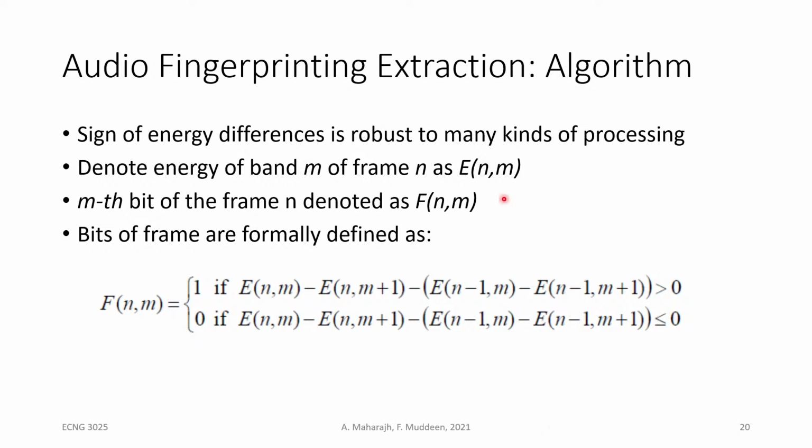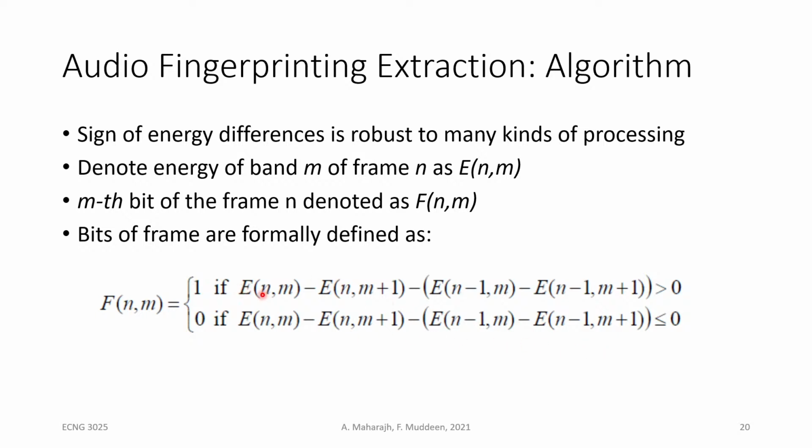And the mathematical notation for this is where we denote the energy of band M of frame N as E(N,M), and the mth bit of frame N is denoted as F(N,M). So F(N,M) is going to be 1 if we have a good difference between the energy of two frames, and a 0 if we don't have a good difference in the energy of two frames themselves.